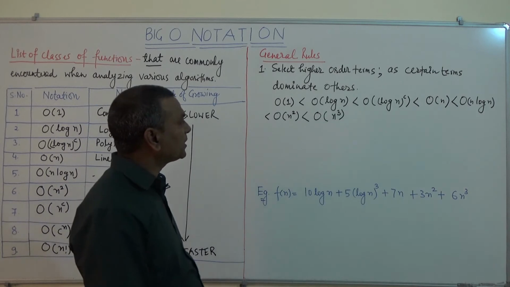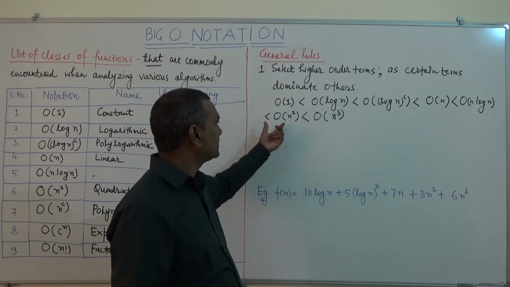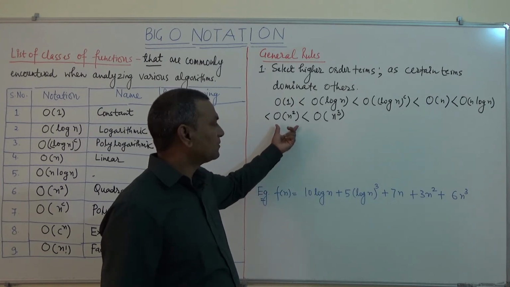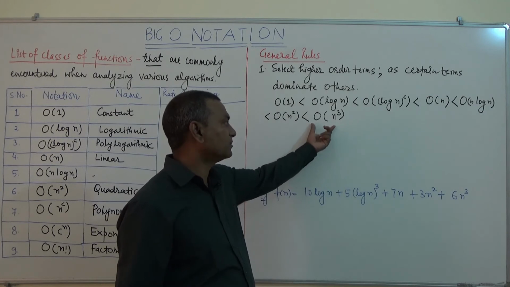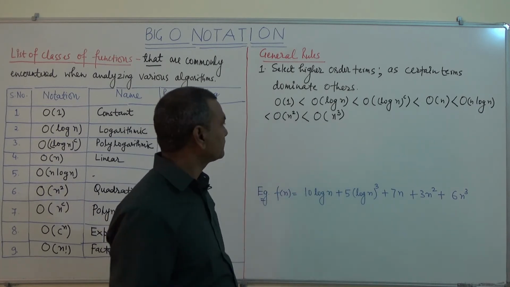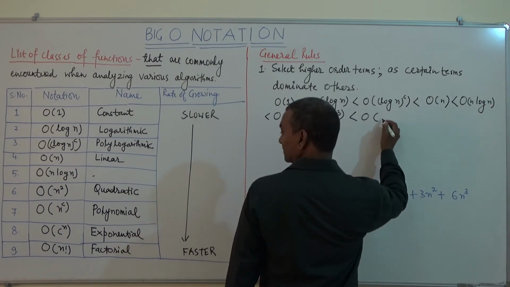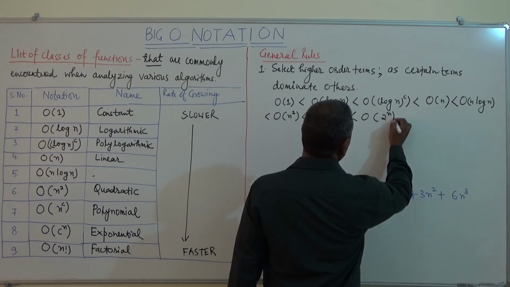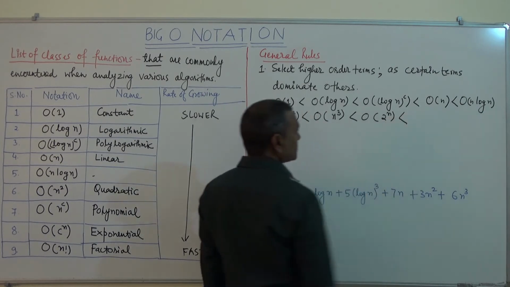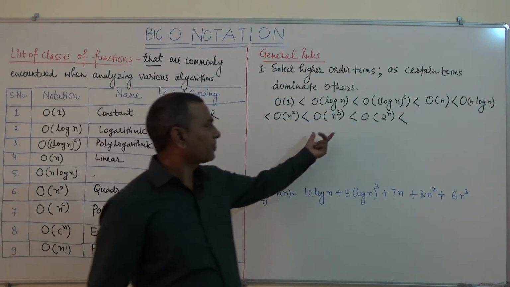This is polynomial, and this will have higher precedence than order of n square, or we can say this is a higher order term in comparison to it. And then big O of c to the power n, suppose we take 2 to the power n, this is exponential. So this exponential will have a higher order than polynomial.